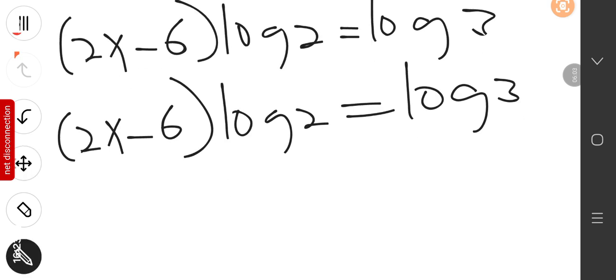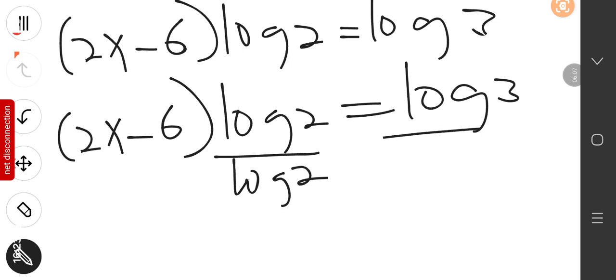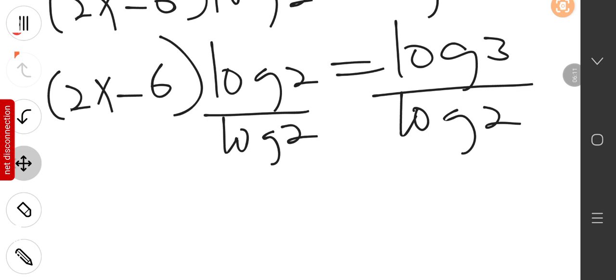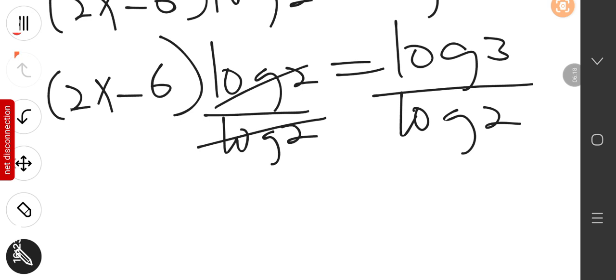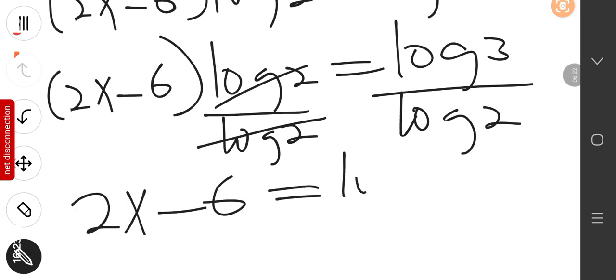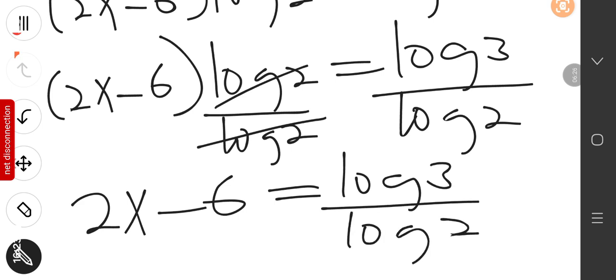Now let's divide here by log 2, divide here by log 2. Now anything over itself is 1, so you can apply that concept here, or you can simply say this cancels this. So our equation becomes 2x minus 6 equals log 3 over log 2.